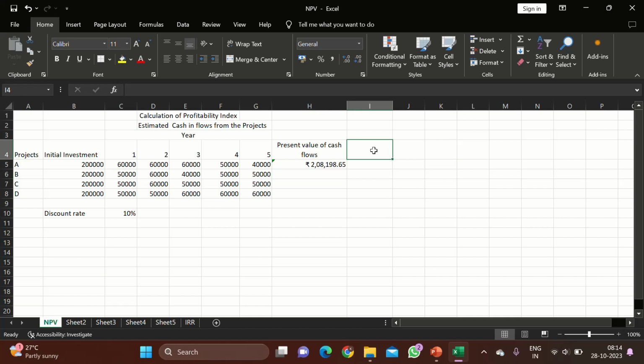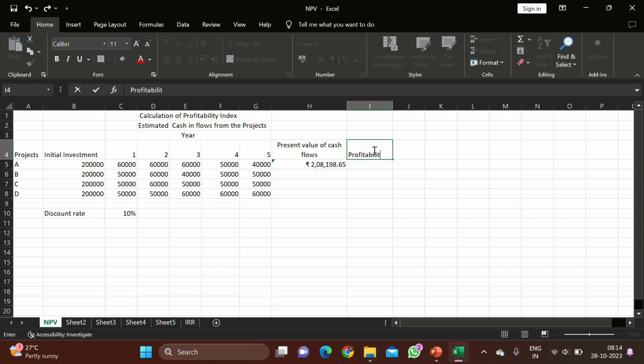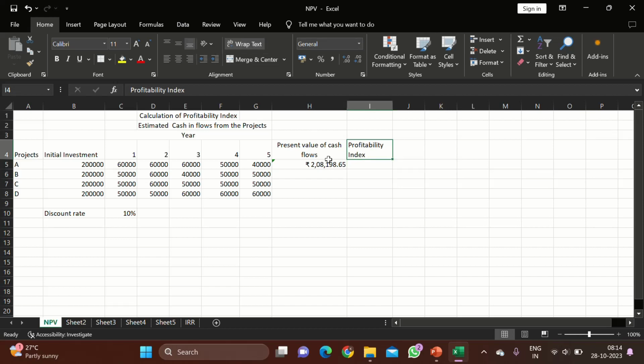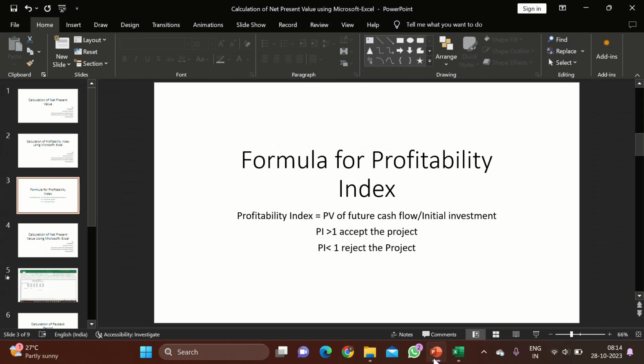Now, let us calculate profitability index. As we can see in the formula, we have calculated present value of future cash flows. Now, the present value of future cash flows should be divided by initial investment.